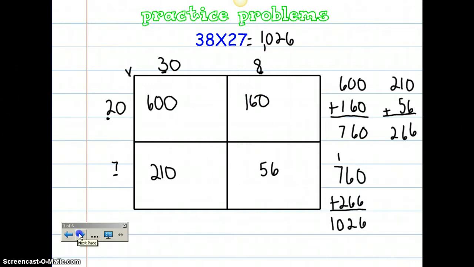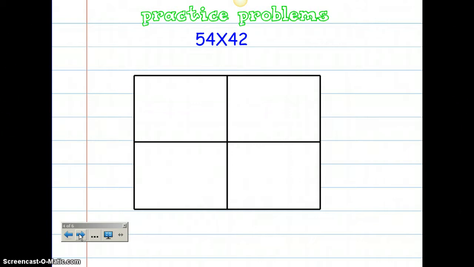Now let's practice that again. 54 times 42. So I am going to take 54 and I'm going to break it up into partial products. I'm going to take 50 from the 54 and 4. I'm going to break this apart, 40 and 2. And then I'm going to put my multiplication symbol.